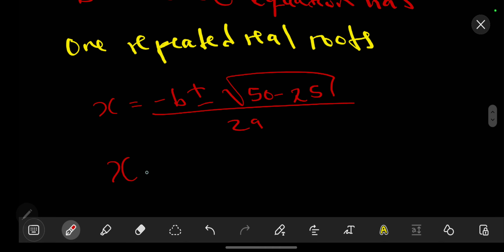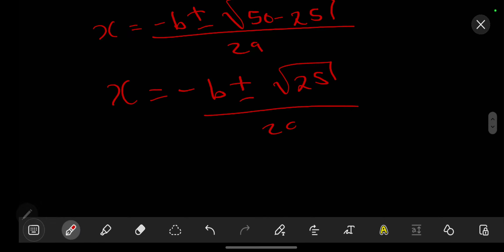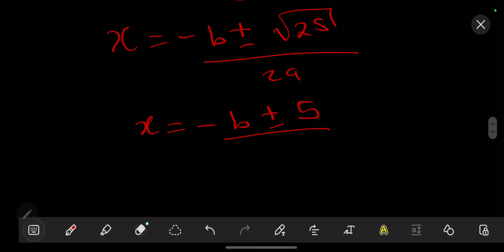So here, to find the x value, you are going to have negative b plus or minus the square root of 50 minus 25, which gives us 25. So the result for such a situation is x equal to negative b plus or minus the square root of 25, which is 5. Let's just ignore whatever is here.